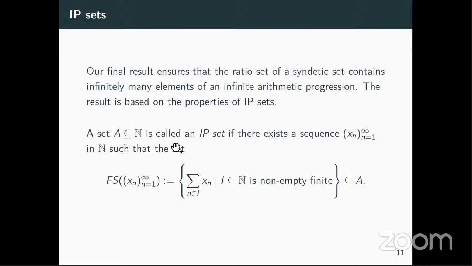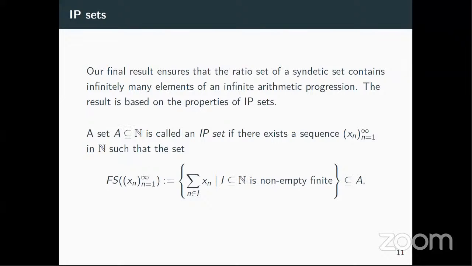A subset A of the natural numbers is said to be an IP set if we can find some sequence of natural numbers so that this set FS of this sequence, defined as finite sums taken over the elements of the sequence, lies inside A. Then we say the set A is an IP set.